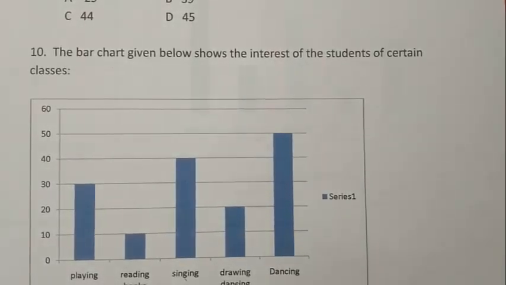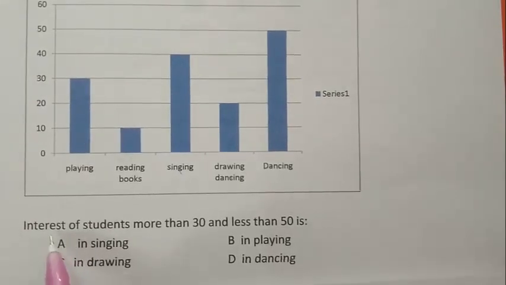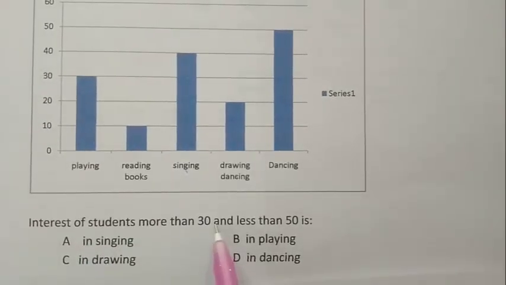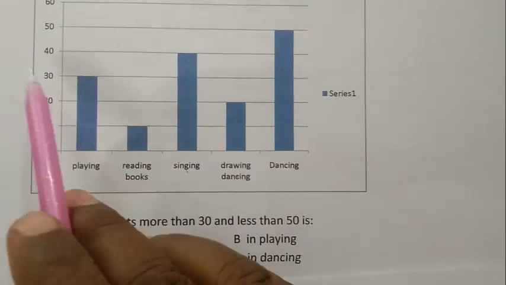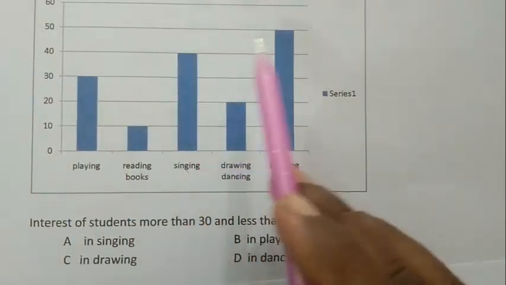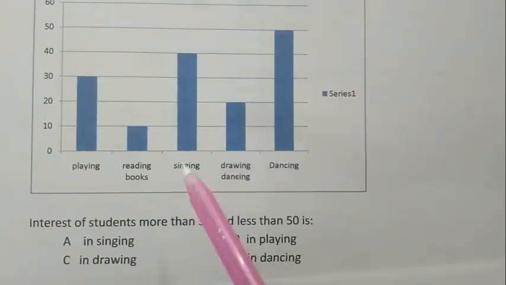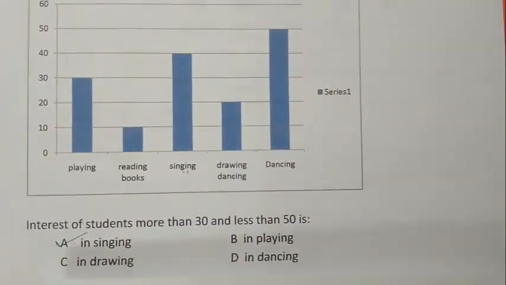So the question is interest of students more than 30 and less than 50. So more than 30 and less than 50 is 40. So singing. So A is the correct answer. A, singing.